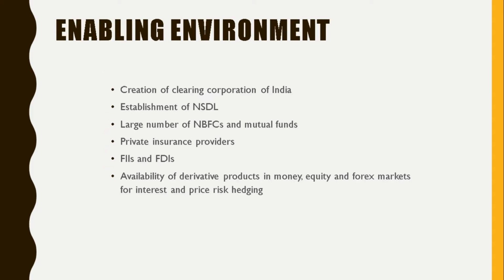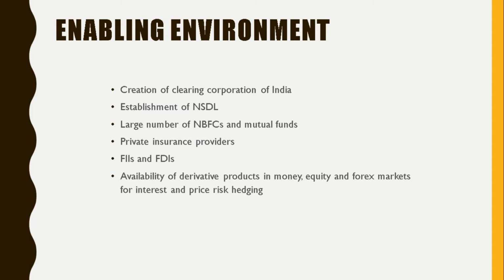Let's see what are the enabling environments. How is it possible for the treasury to have reached such an important level where it is giving profit from service? It has become a profit center for the banks. How?